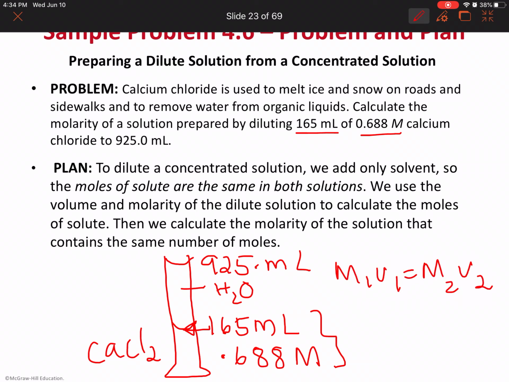Yes, we can. Your M1 is going to be 0.688, V1 is going to be 165, M2 we don't know, and V2 is going to be 925, because it has the same number of moles, since we just added water.